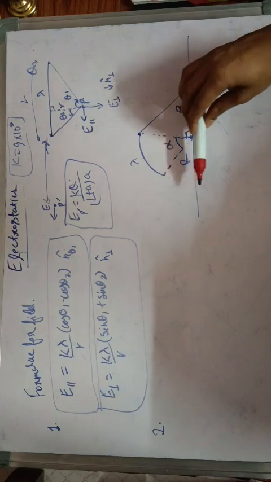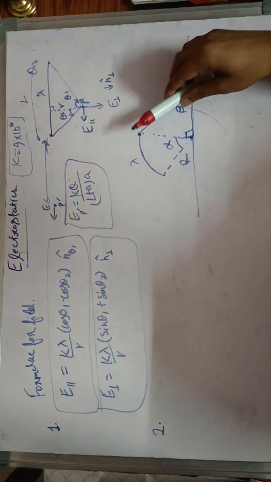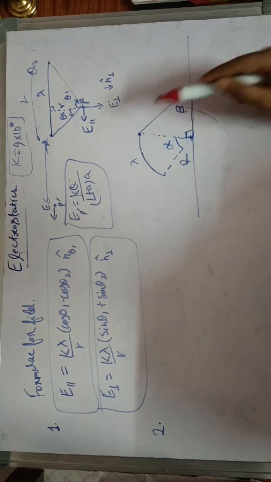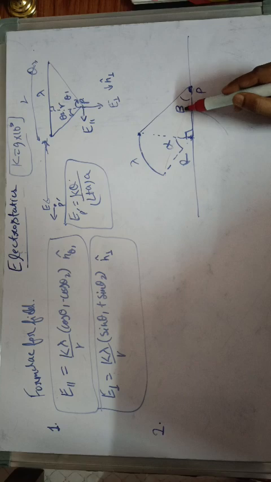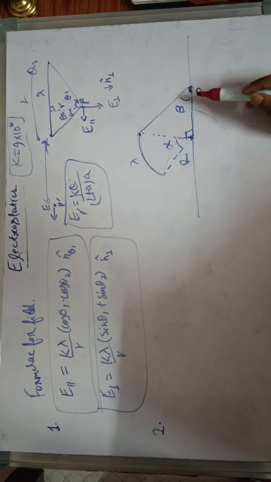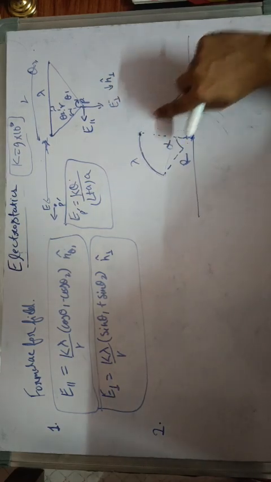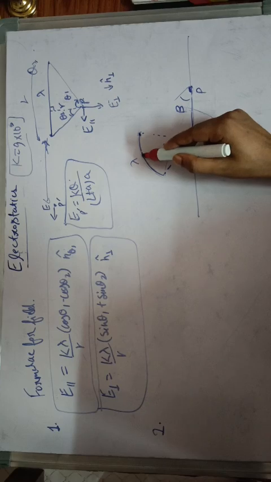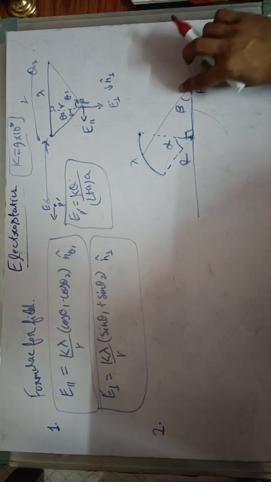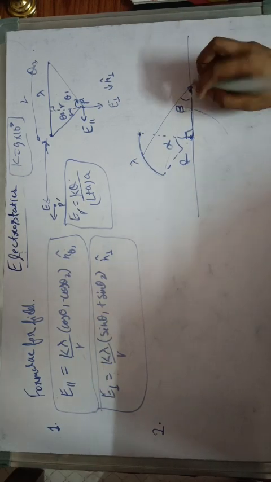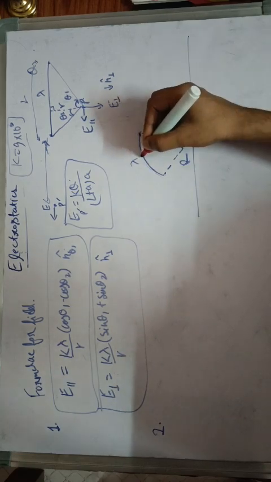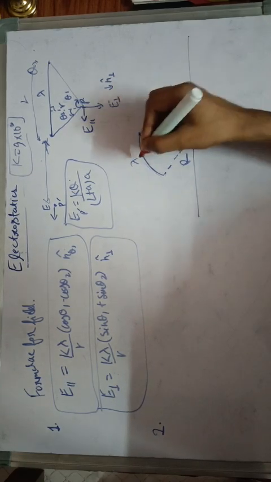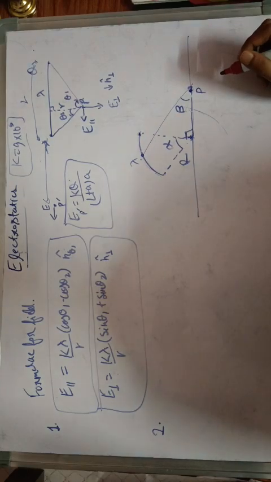It is the same for any point on the arc. So the angle I made is beta, between the axis and a line joining this point P and the arc.